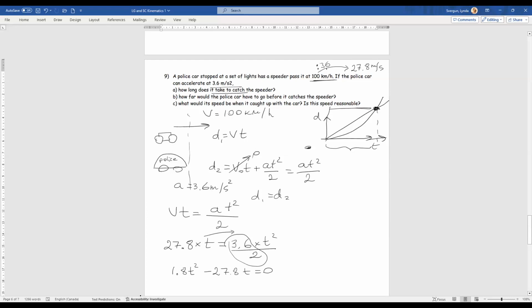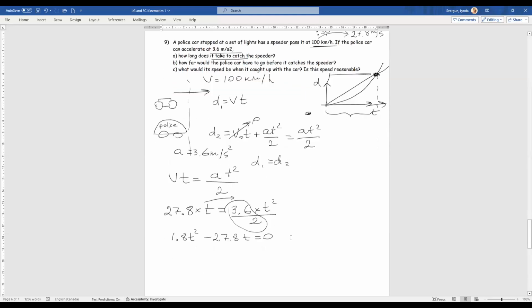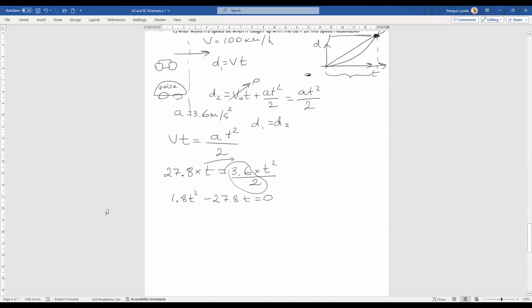Whenever you don't have a C term, it's easier to solve using factoring. So you take outside something common for both of them. You can take 1.8 t, then t minus 27.8 divided by 1.8. So you factor the coefficient.